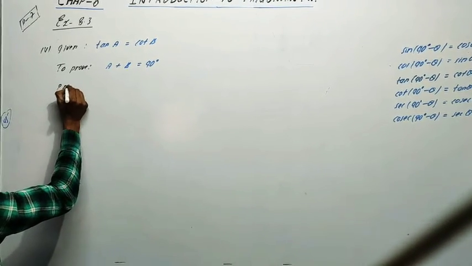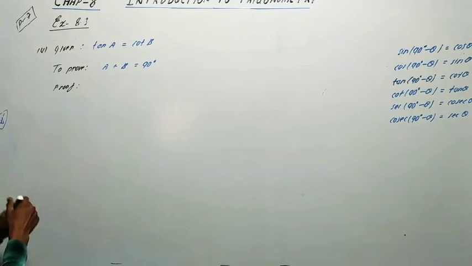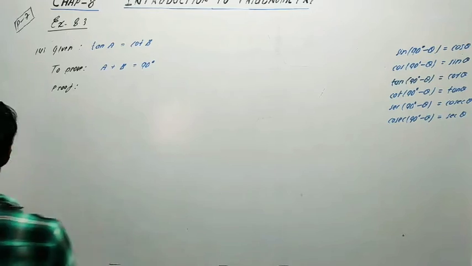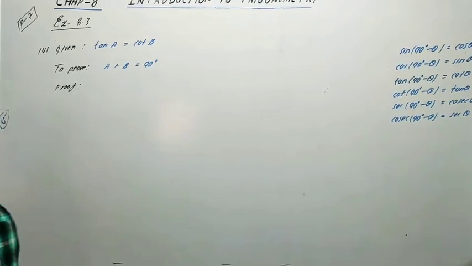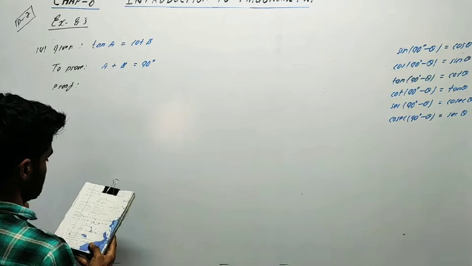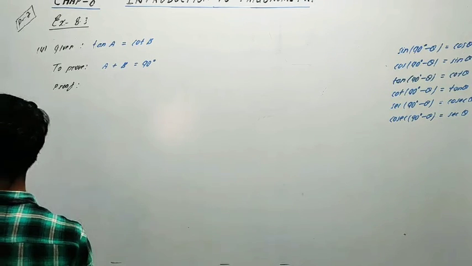Proof. Tan A is equals to cot B, then prove that A plus B is equals to 90 degree.